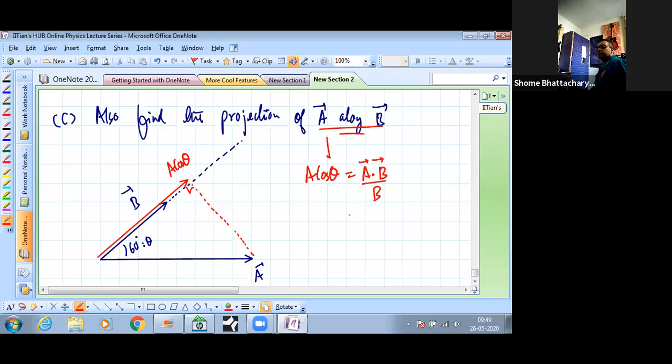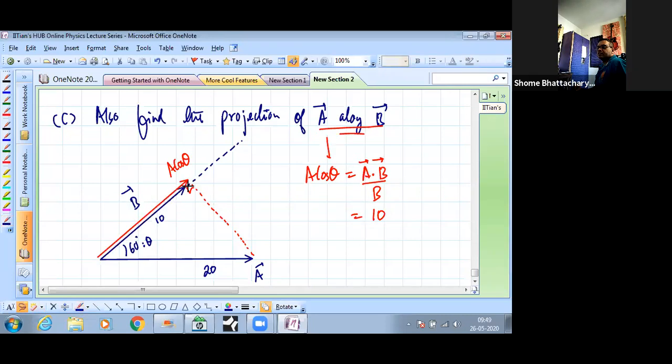So whichever way we write it, we can see that here this is going to become 10, because the magnitude of A was 20 and theta is 60. Oh, so this is actually exactly equal. Anyway, that's just a matter of coincidence.